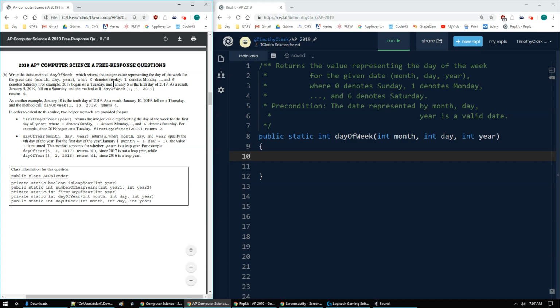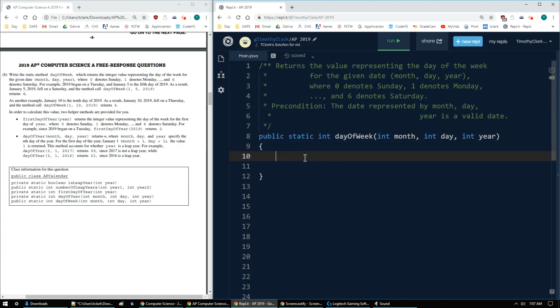So let's think about this for a second. January 5th is the 5th day of 2019, and that's a Saturday. If I go Tuesday, Wednesday, Thursday, Friday, Saturday, and count off on my hand, it would make sense. But if I do this numerically, that's the challenge. So I'm going to use a pen and do some calculations. Tuesday starts at 2. If I add 5 to it, because it's the 5th day, that would give me 7.